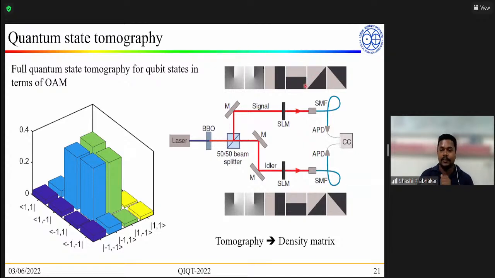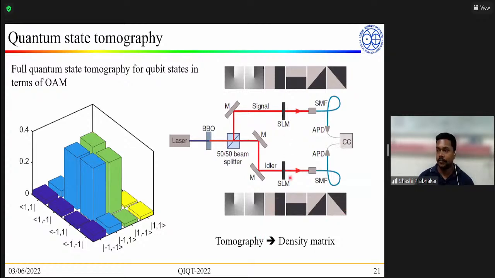So I'm taking an analogy with the polarization. So this is how we scan through all six of the combinations to perform the quantum state tomography. So whatever the states output we are getting, we are going to do that. So once we get the tomography, we calculated the density matrix.